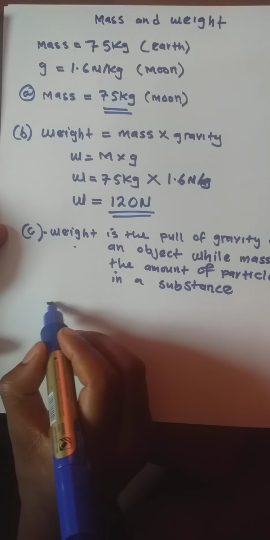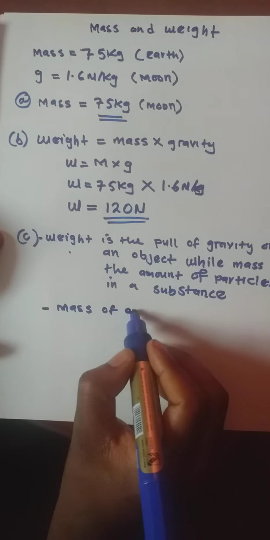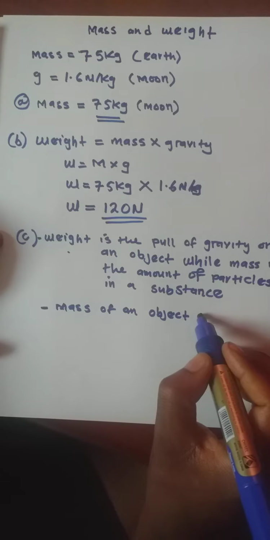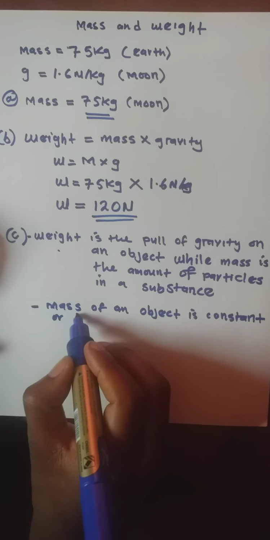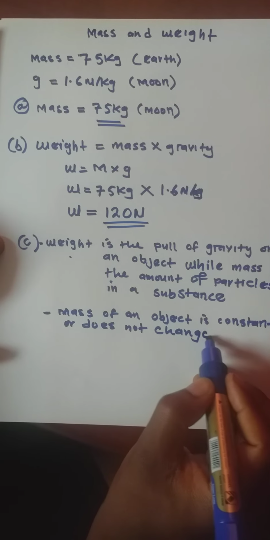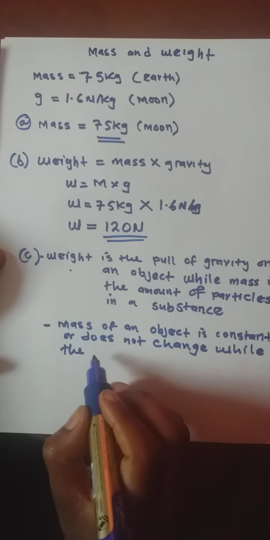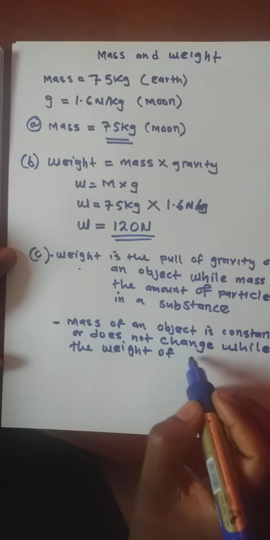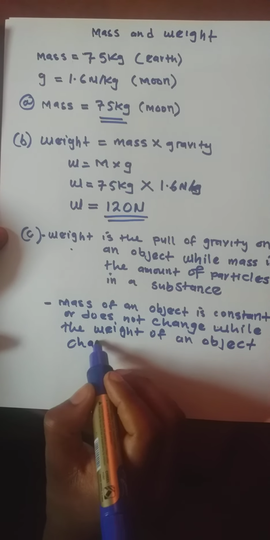Then the second difference is that the mass of an object is constant or does not change, while the weight of an object changes.